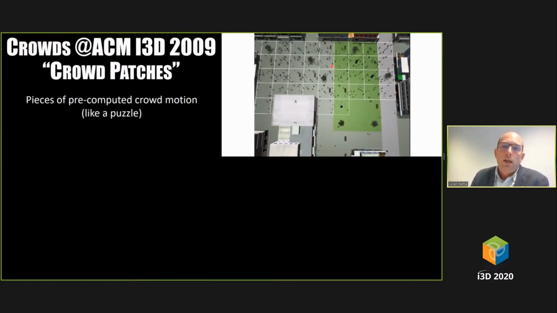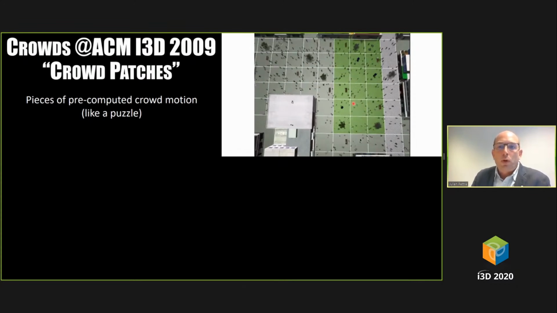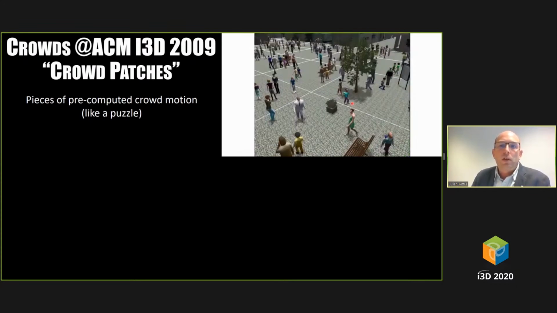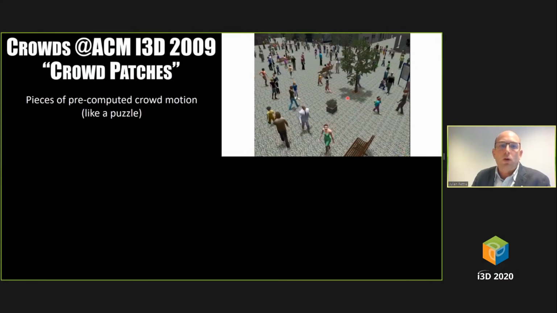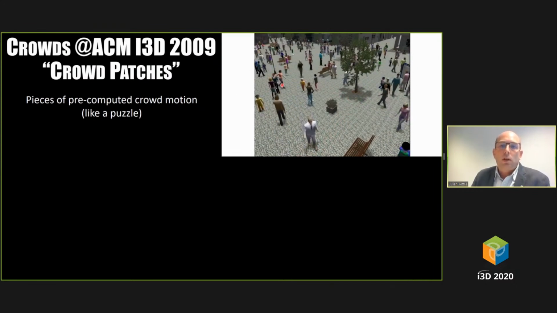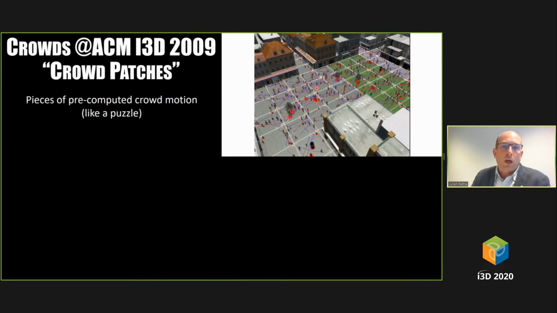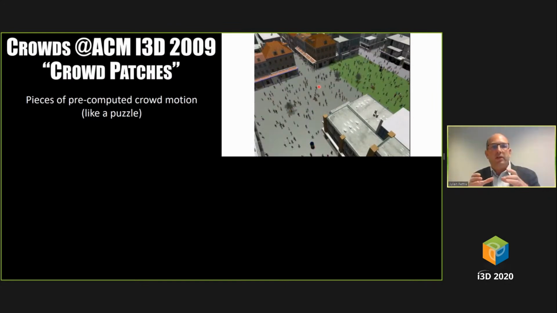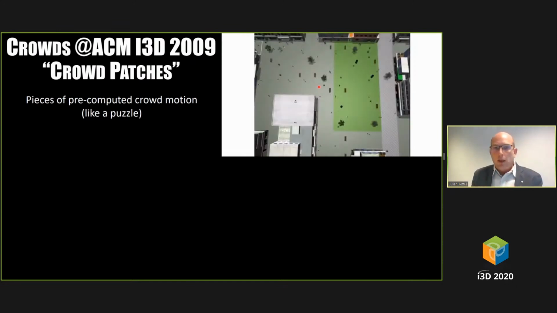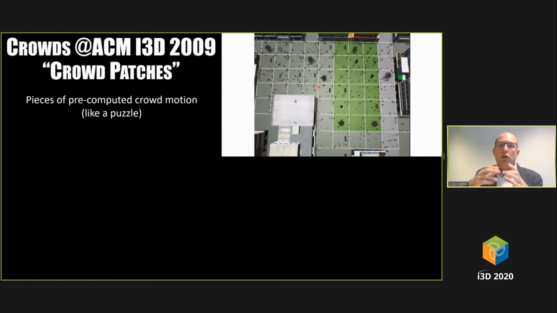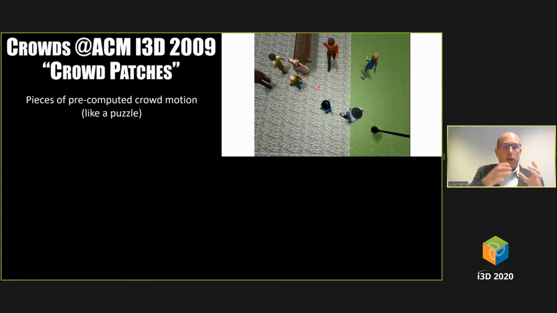It's a way to populate virtual environments in a very efficient way, because actually what you see, this motion of characters, everything is pre-computed. A crowd patch is like a small piece of pre-computed animation that is delimited, here by squares in this example, and that you play endlessly and can assemble together.